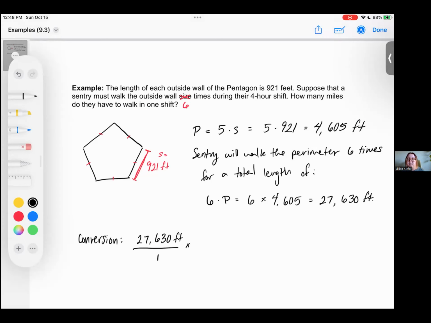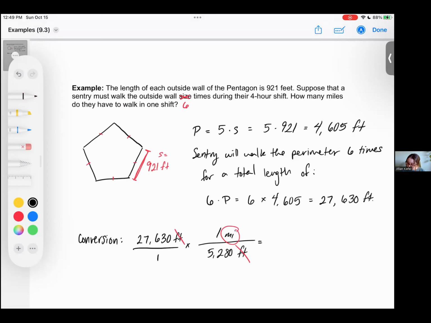So when we multiply, this ratio should have feet in the denominator, so we cancel out the feet. So we can convert straight into miles. We can think of, okay, how many feet are in 1 mile? So in 1 mile, there is 5,280 feet. So our feet cancel out, and we're left with miles, which is what we wanted.